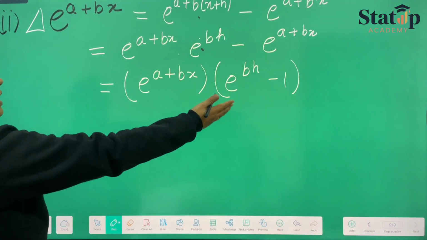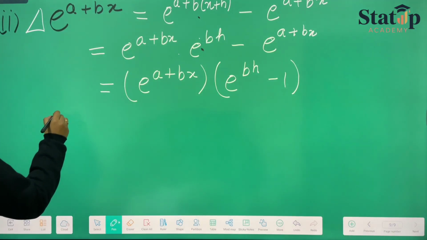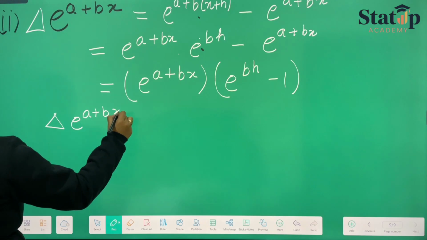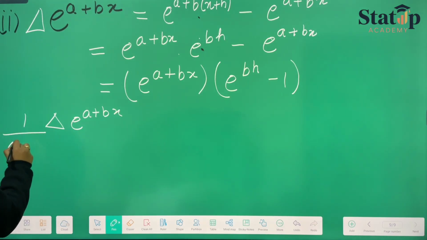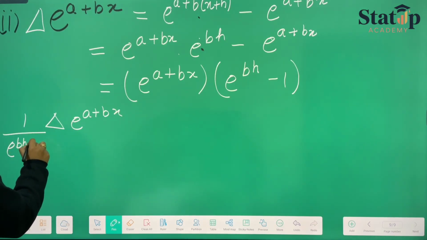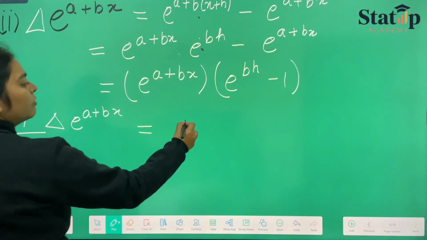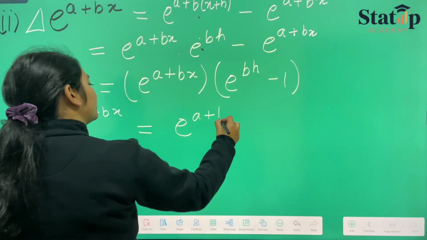Right? Now again we'll take this on the left hand side. So it will be delta e raised to the power a plus bx upon 1 upon e raised to the power bh minus 1. Okay, it will be equal to e raised to the power a plus bx.